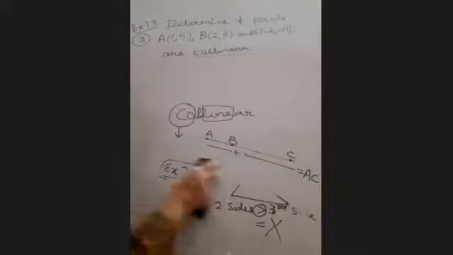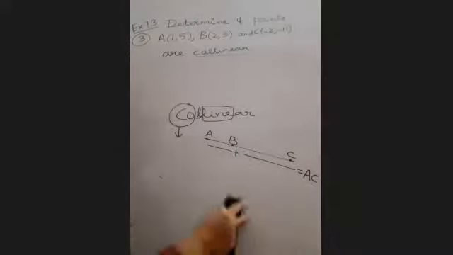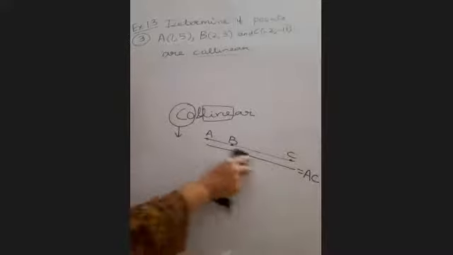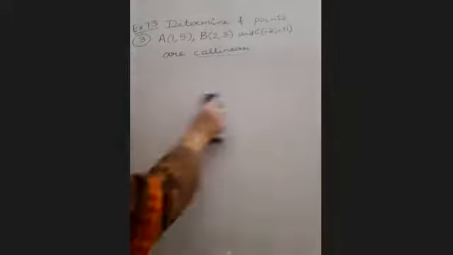In 7.3 we were given the area of triangle formula, so there we used the condition that if the points are collinear, no triangle is formed, so the area of the triangle is 0. That is how we used to do it, but now we will do it with the distance formula, children.